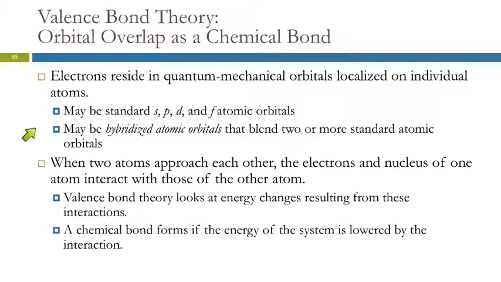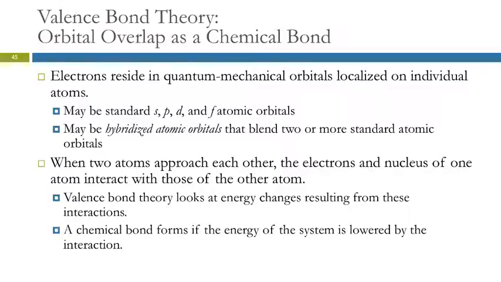What valence bond theory brings in is that you can hybridize atomic orbitals, blending two or more regular atomic orbitals to make a new kind of orbital. So in the quantum hotel, I talked about these different sub-levels as being the rooms in the hotel. And in the P room, there were 3 beds, and the beds were the orbitals.